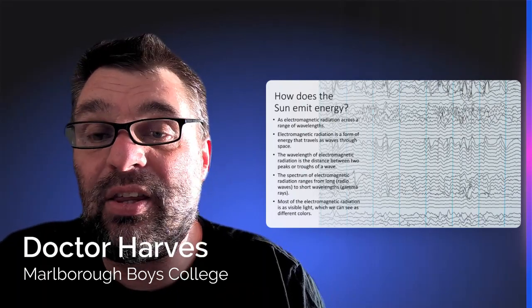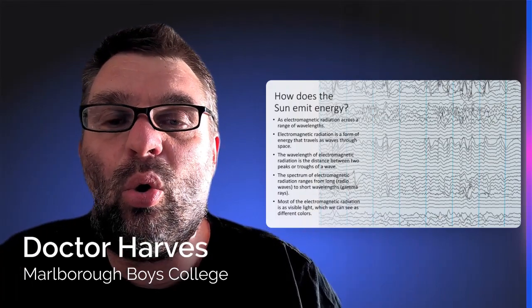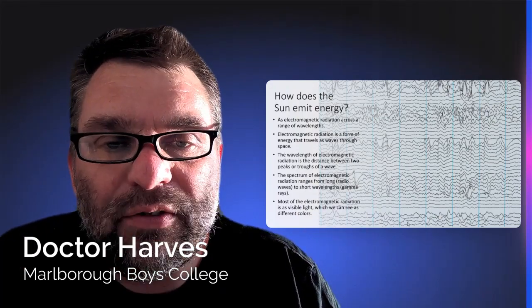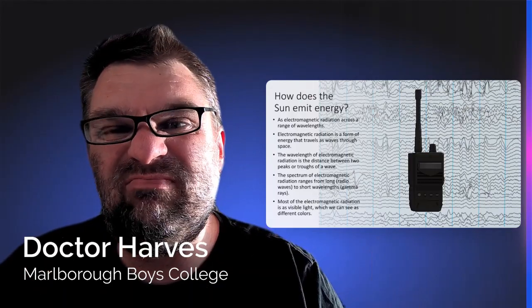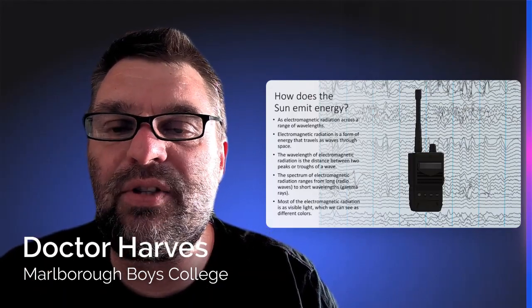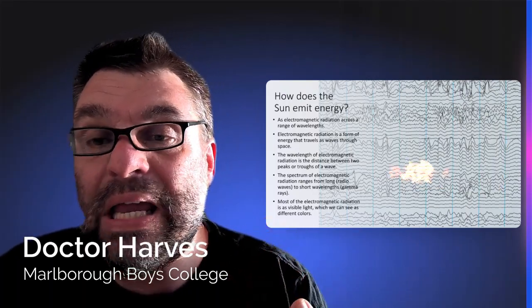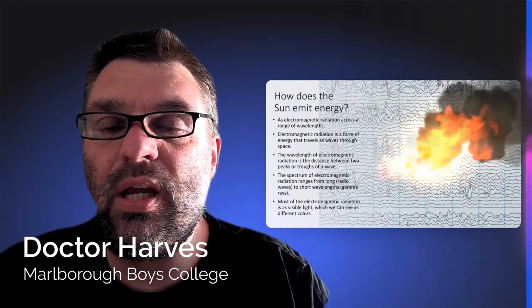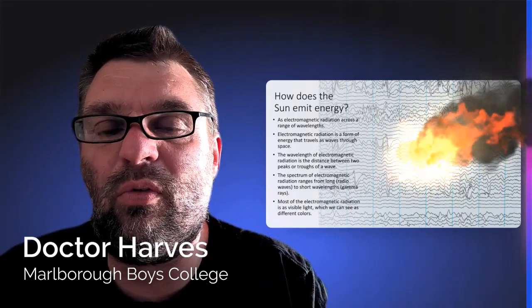A wavelength of this electromagnetic radiation is basically the distance between the peaks or the troughs of the waves, and the wavelengths can range from very big, which comes with radio waves, down to microwaves. Then we have infrared energy, which is the heat you sense, but it's actually electromagnetic radiation in the form of waves.